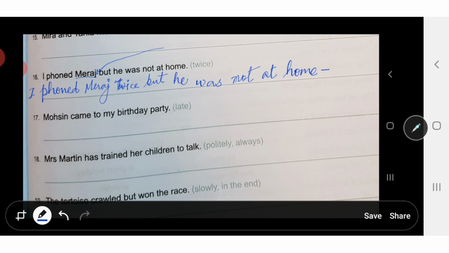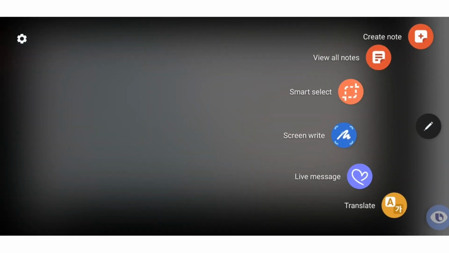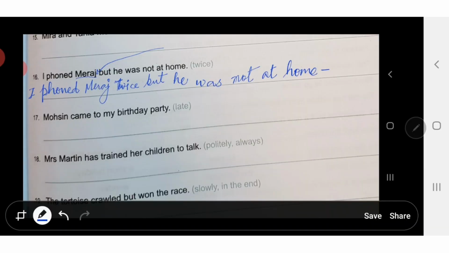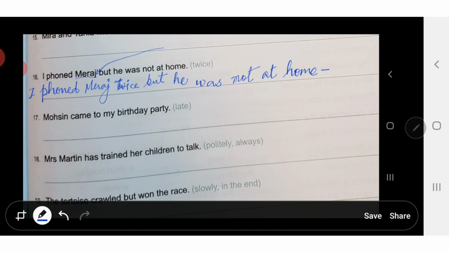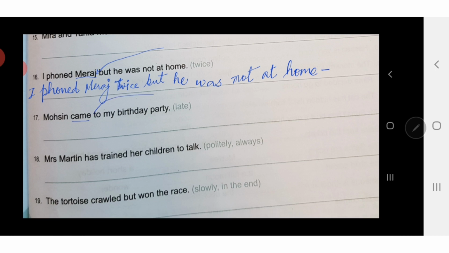Okay, now let's come to number 17. 17 says, Mohsen came to my birthday party late. Bracket says late. Late is the adverb here. Okay, students, what is the main verb here? Came. Okay, so we will put this after it.